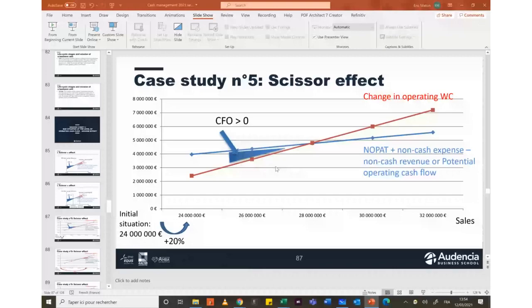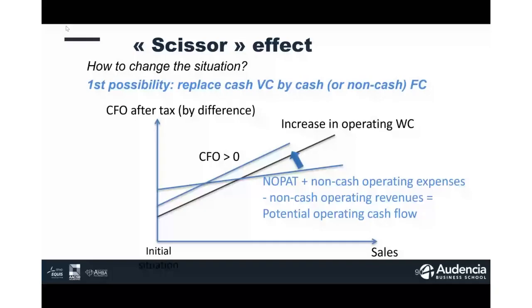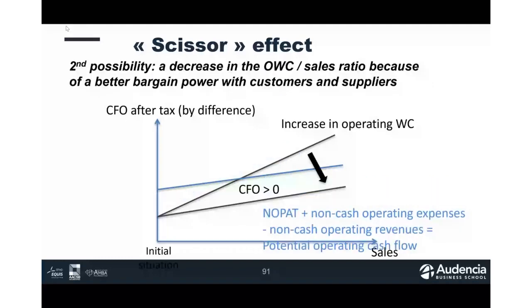So with the volume effect, you expect some effect on the variable cost in percentage of the selling price. And you expect, thanks to the increase in the market share, to decrease the operating working capital in percentage of the sales revenue. If you decrease the percentage, you modify from line 1 to line 2.